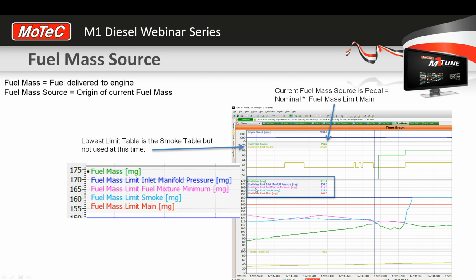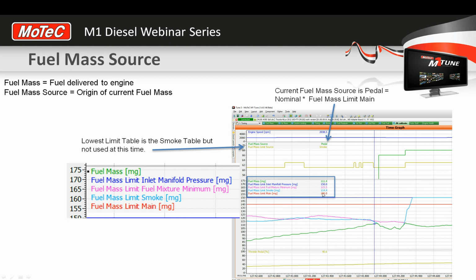Then we have the pink one, which is the fuel mixture minimum. So even though you determine that in lambda numbers, it spits out of that table a milligram amount. So that's our pink line here. Then our light blue line is the one coming from the smoke table, and that's defined definitely in milligrams in the table itself.